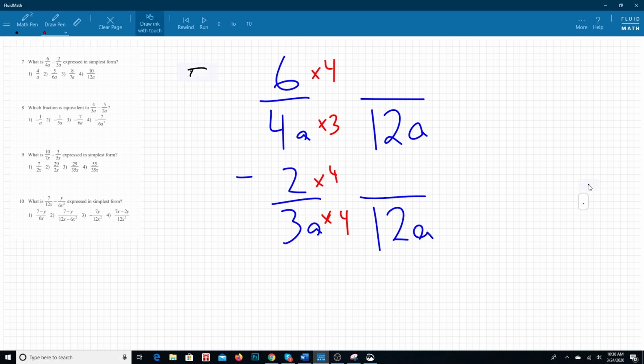Sorry, my bad, guys. I have to multiply this by 3. My numerator is going to be 18 for the top, and it's going to be 8 for the bottom numerator.